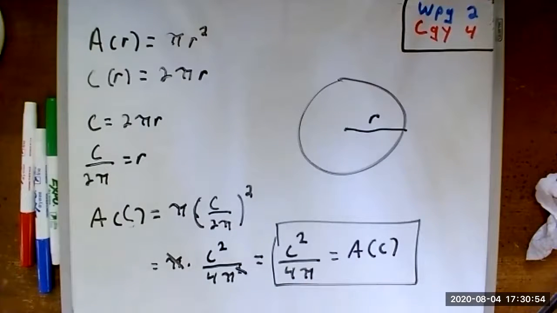So now the area of my circle with regards to the circumference looks like that. Does that help, or have I just confused people further?